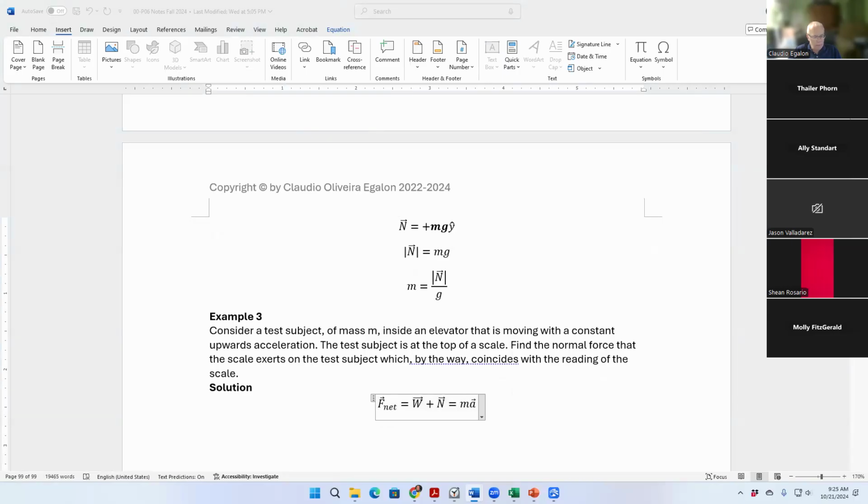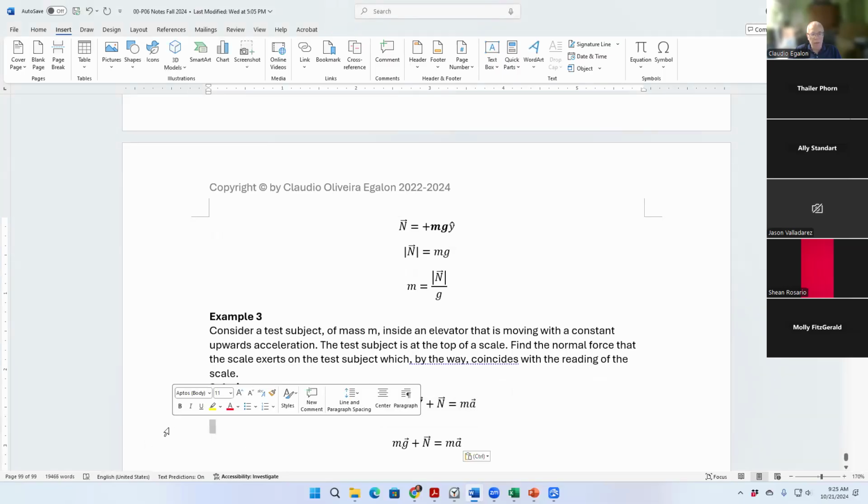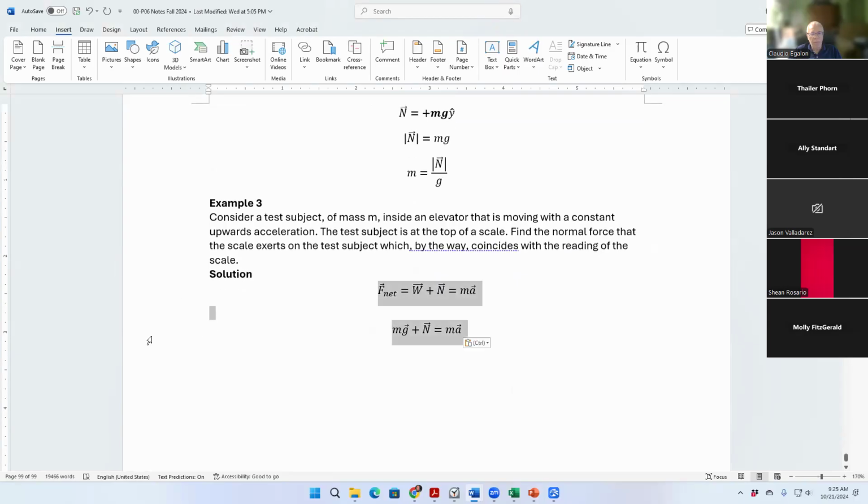We are going to write this equation in terms of mg. Mg plus N is equal to, and we want to find this normal here.